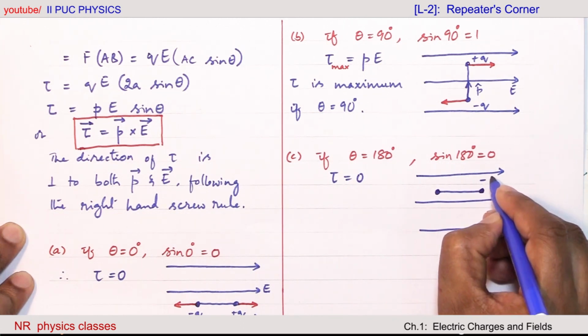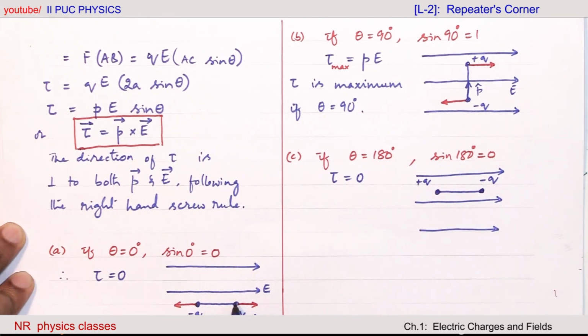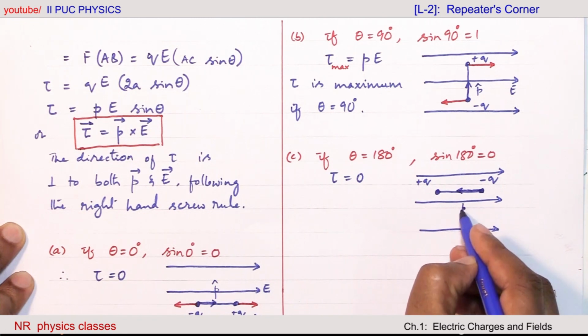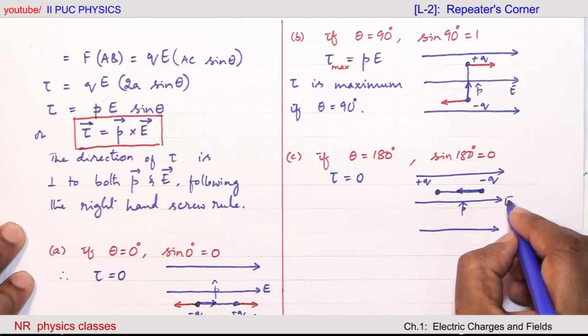Now this is minus q and this is plus q. Direction of dipole moment is from minus to plus. So this is P cap. In the earlier case, P cap is parallel to E, in the direction of E, and for that reason theta is 0. In this case, this is the direction of dipole moment, P cap. This P cap is against E, the external electric field.